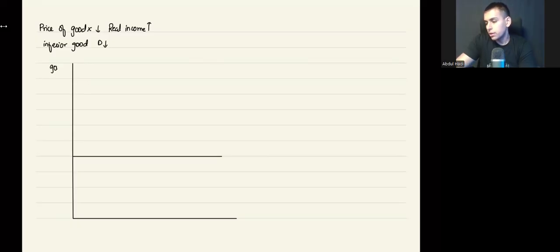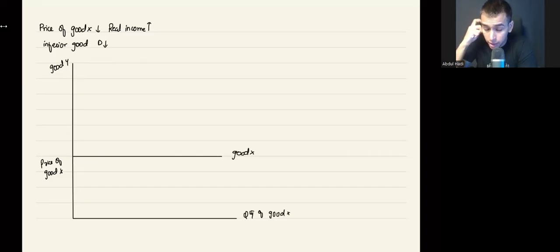This is good Y. This is good X. This is price of good X and quantity of good X. The first step is to draw budget lines only, and then we will move towards our indifference curves.